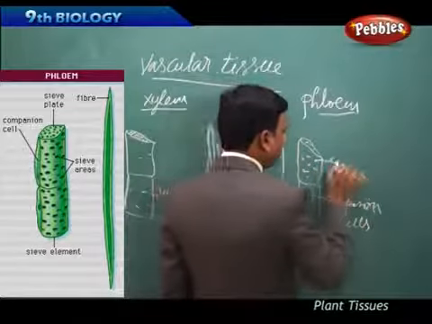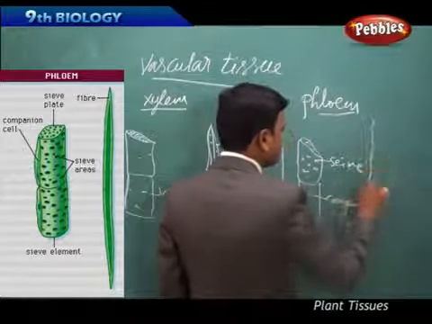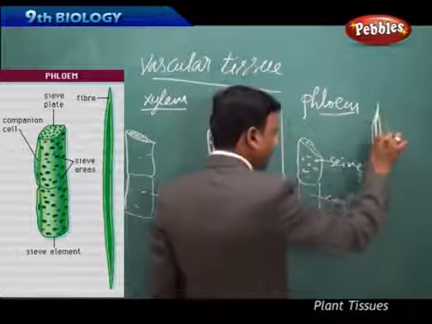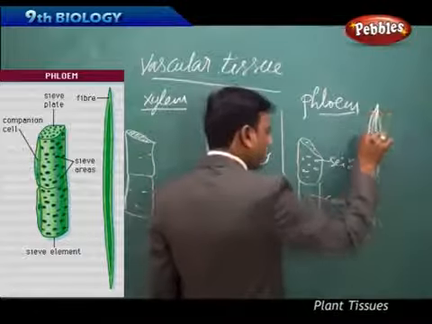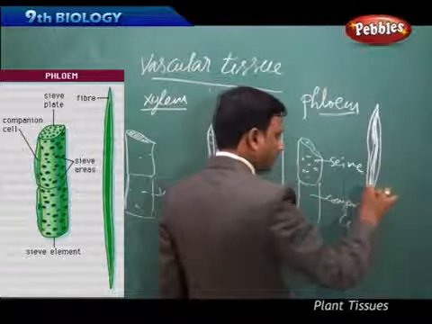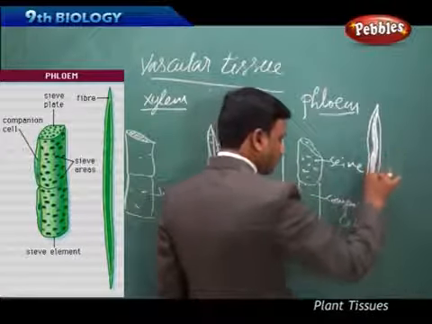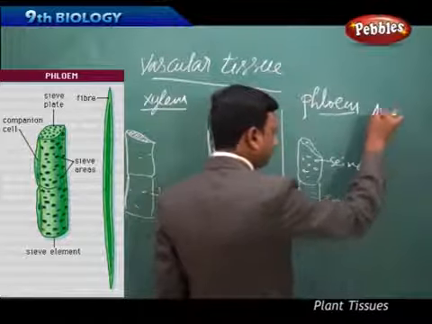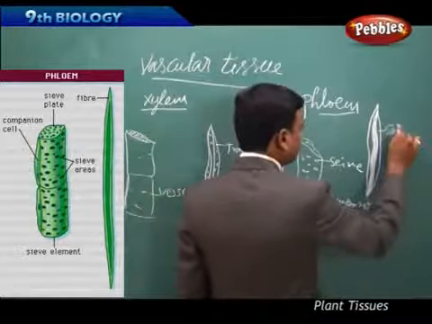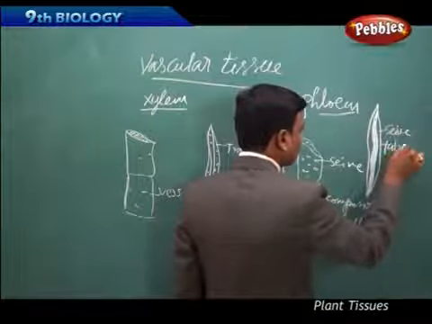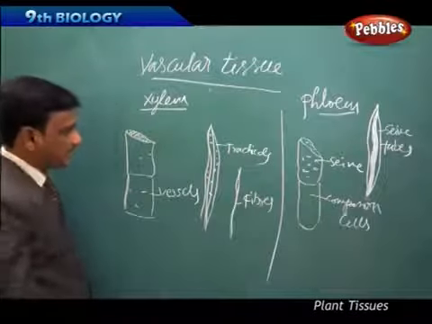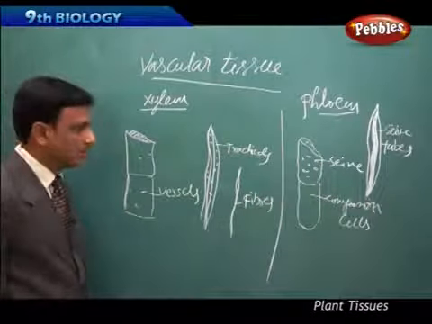And they have sieve cells and sieve tubes. So these are the different types of cells, and along with this they have parenchyma cells also in them.